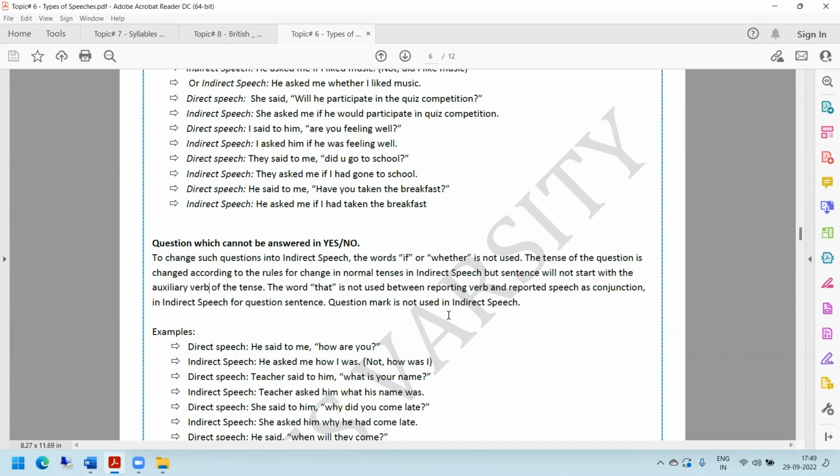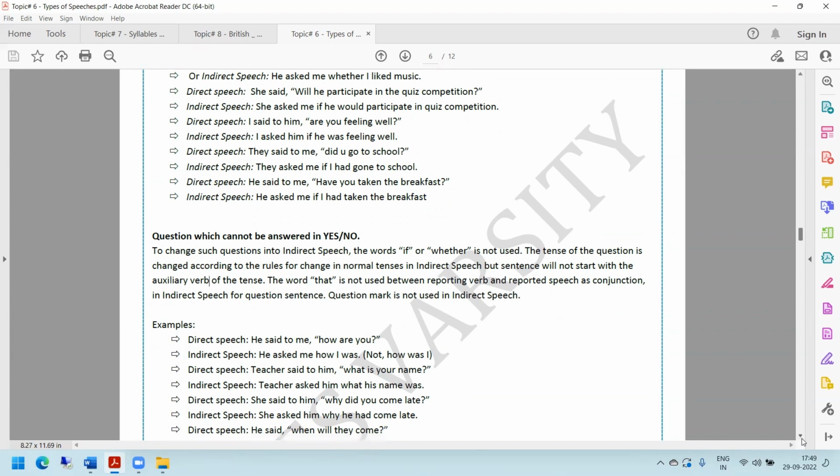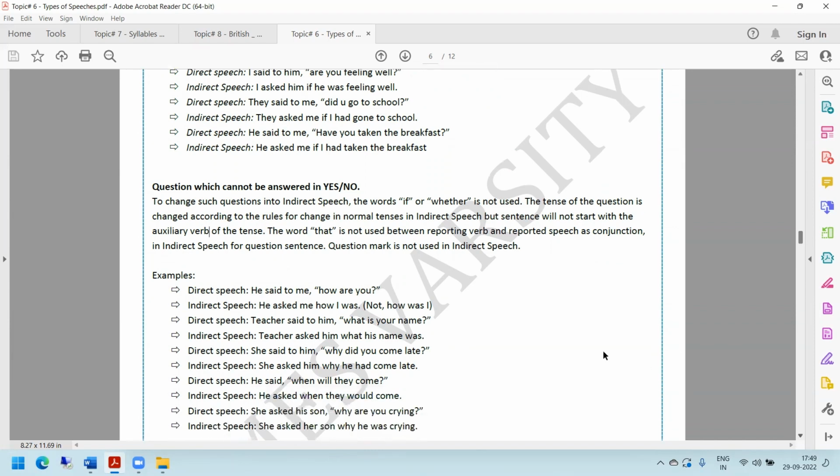So if we convert a simple question into indirect speech, no question mark. But if we are converting a WH question, which is in direct speech, into indirect, then the question mark comes. Okay.